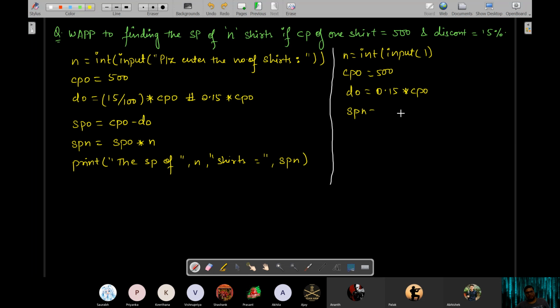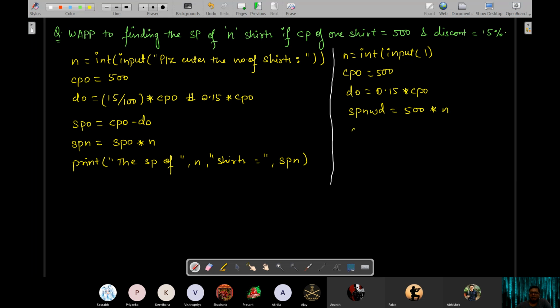या नहीं तो ऐसे कर सकते हो. हाँ चलो ऐसे ले लेते हैं. Selling price of n without discount is equals to 500 multiplied by n.